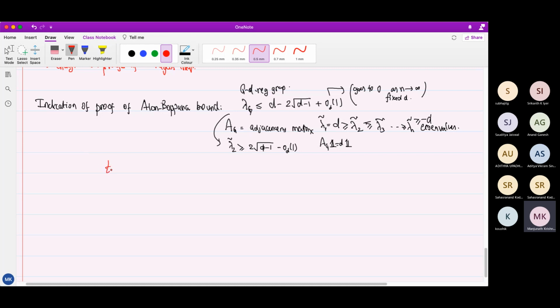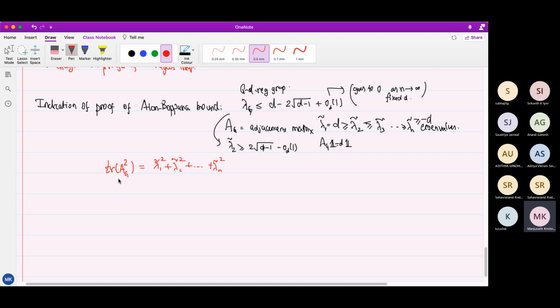Here, let me look at the trace of the square of the matrix. On the one hand, it is the sum of squares of the eigenvalues: lambda 1 tilde squared plus lambda 2 tilde squared up to lambda n tilde squared.